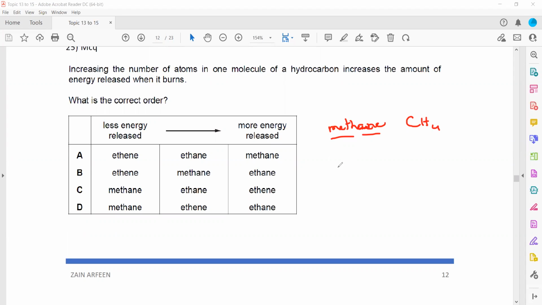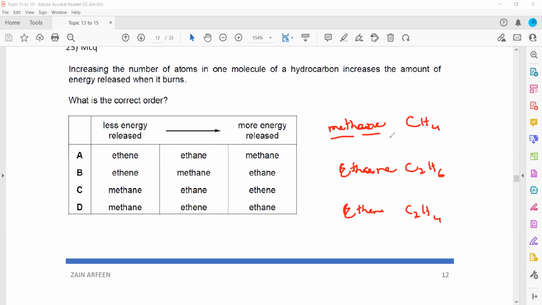So methane is CH4. Then ethane: C2, because it is ane, twice 2 plus 2, so C2H6. And ethene is C2, and the number of hydrogens will be twice, so H4.